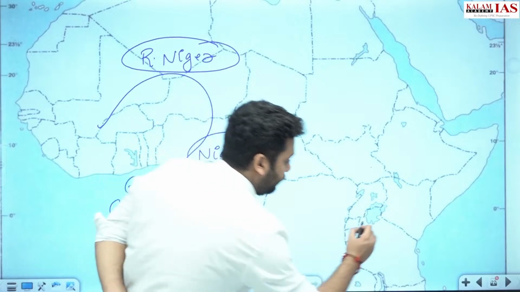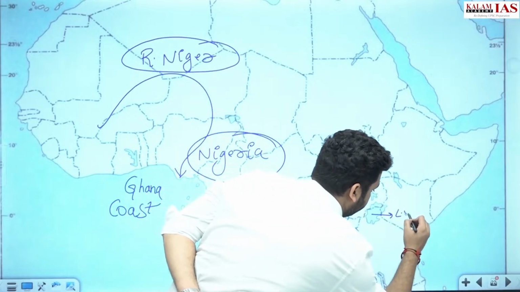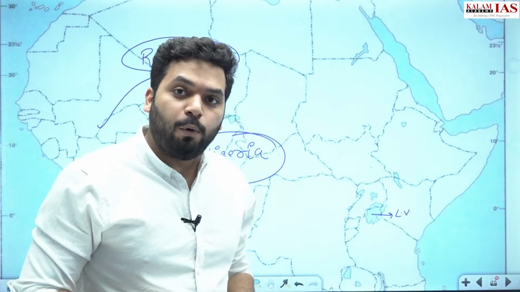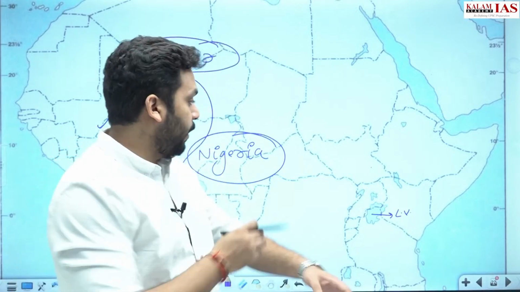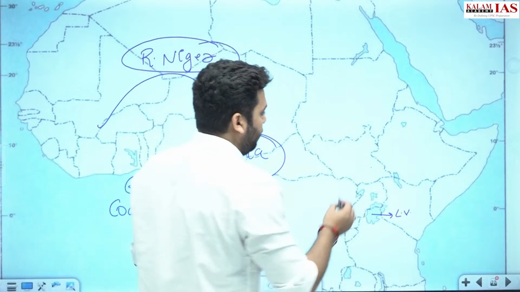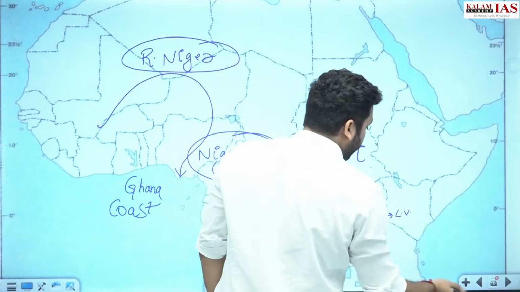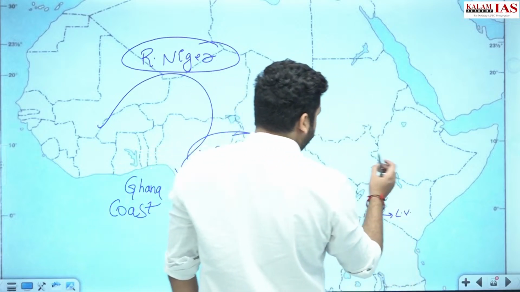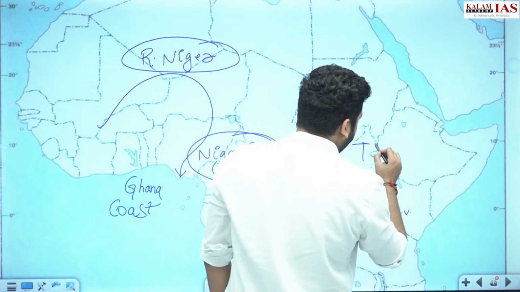This is Lake Victoria. Lake Victoria shares its border with what all countries? It is spread through what all countries? It is a very famous trick which you all already know. It is TUK or UKT, whatever is suitable for you.